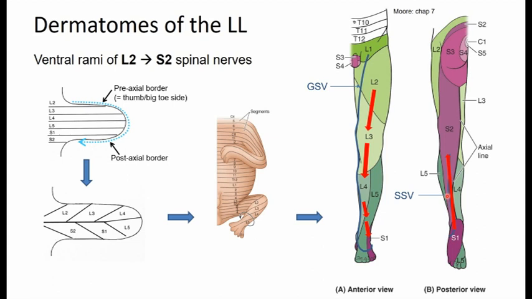So we can see that the dermatomes have maintained that same logical sequence. Remember that this dermatome is telling us that the GSAs that are carrying sensation from this patch of skin will be travelling via the S2 ventral ramus to the S2 spinal level.